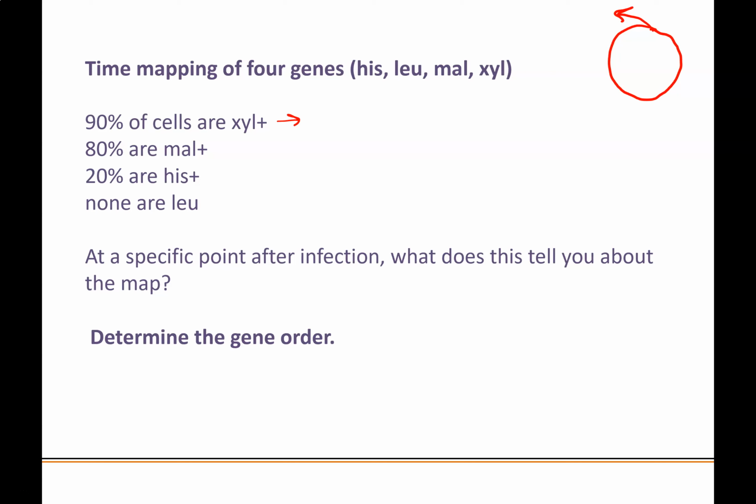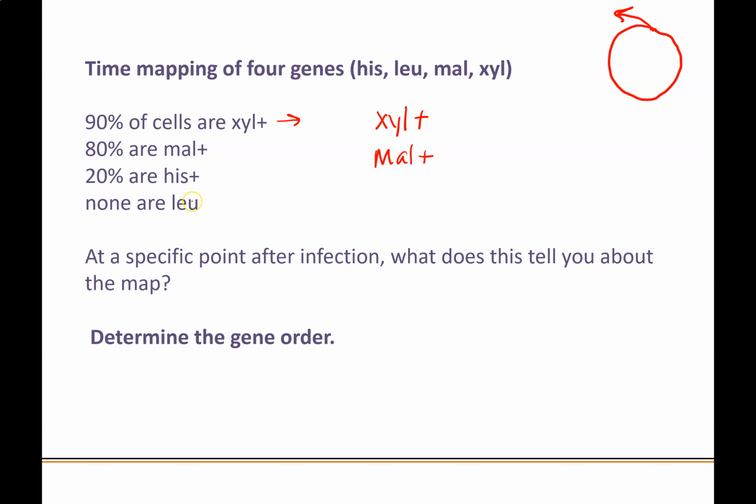So that means the first gene transferred is going to be that XYL plus gene. We also notice at this particular time, 80% of them have the MAL gene. So this MAL gene is going to be the next one, because not all of them have transferred it yet. If all or most have transferred the XYL gene, we know that's early on. If fewer have transferred the MAL gene, we know that has to come next.